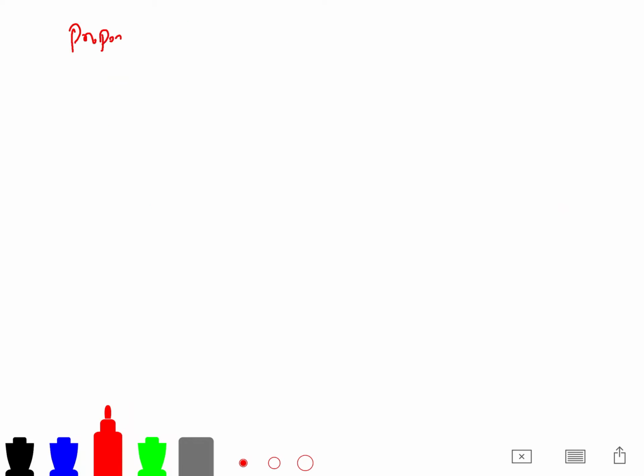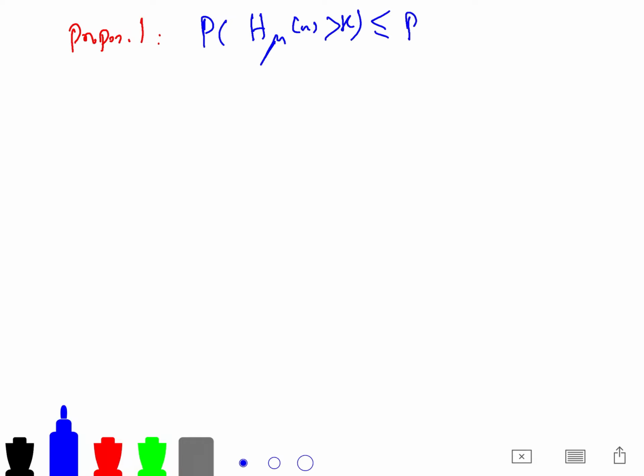And the proposition is that the probability of H mu of n greater than k is less than the probability of H nu of n greater than k. I mean, the proof is very simple.